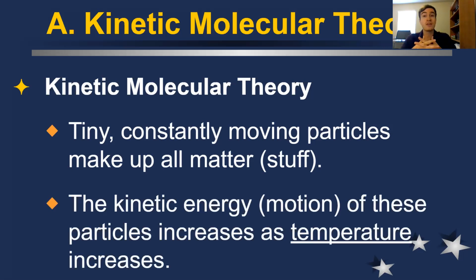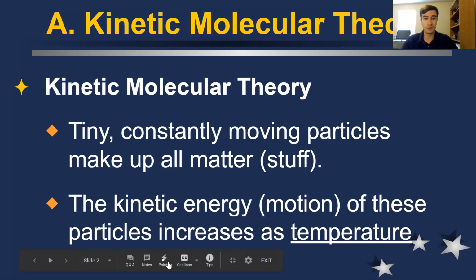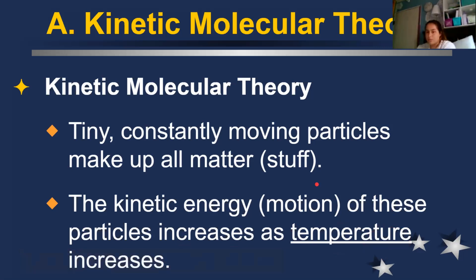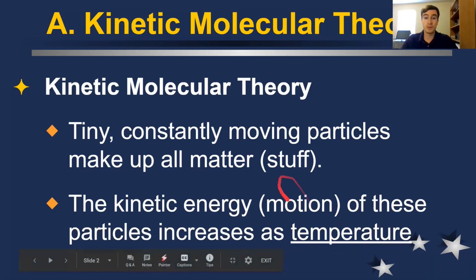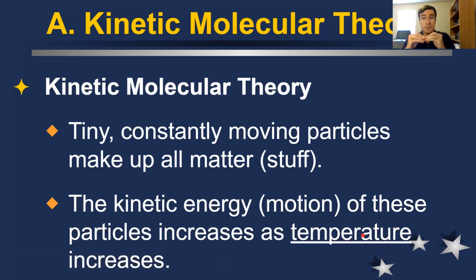The way that you can get these particles to shift around faster and faster is to increase the temperature of your matter. So as the speed of these particles goes up, that means the temperature is going up as well. The hotter it gets, the faster they move around one another.